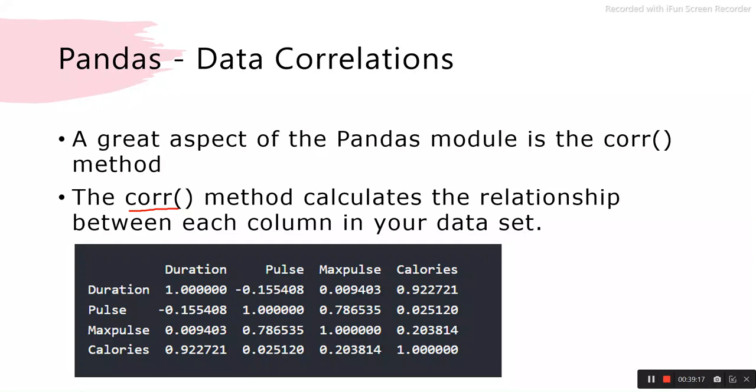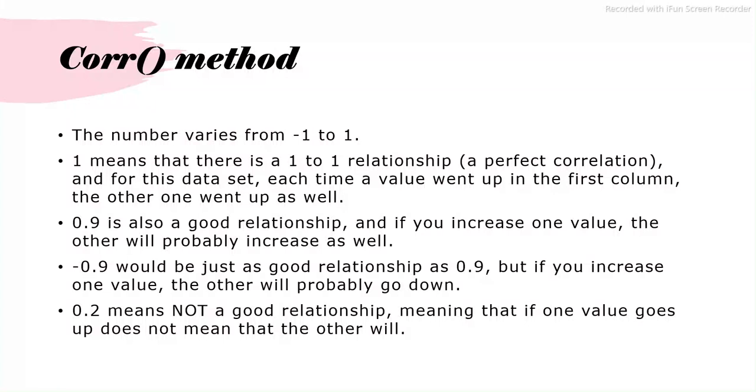If the data available in the data set is correct, then you will get the correlation matrix correctly. In case the data is wrong, then the correlation matrix will also be wrong. These numbers will vary from -1 to 1. 1 means there is a strong relationship, perfect correlation. 0.8 or 0.9 is a good value.